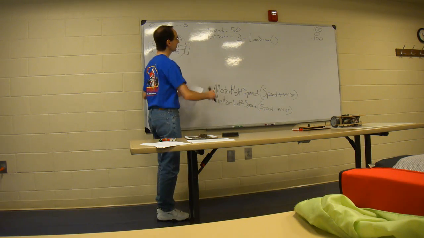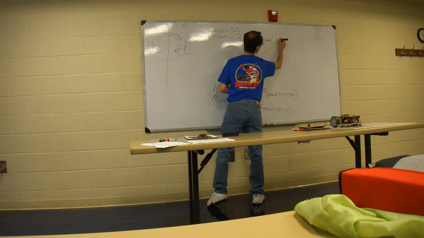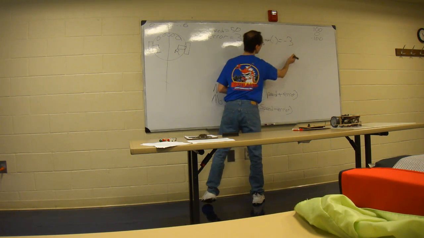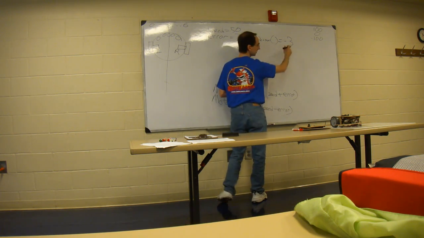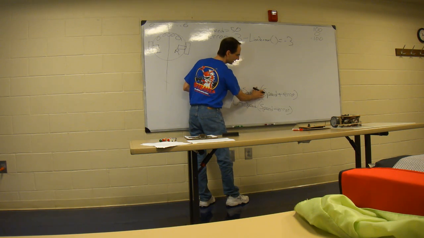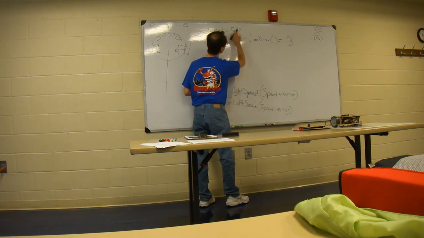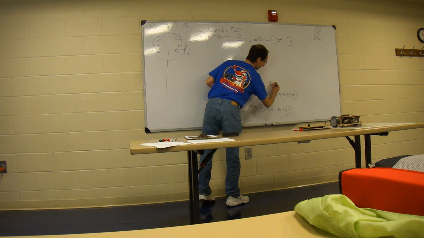So for example, if we were at the 6, and our error equals minus 3, right? We've got the 3 minus 6 equals minus 3. So what we would be doing is the speed value here would be 50 minus 3, so that would be 47.